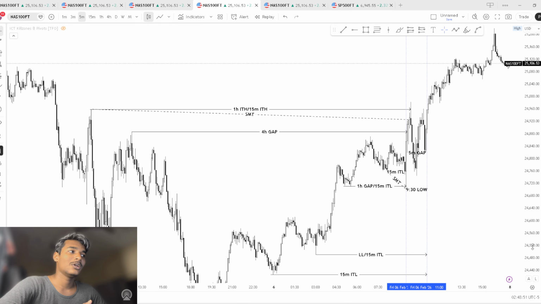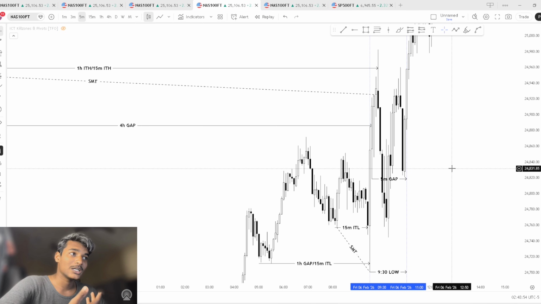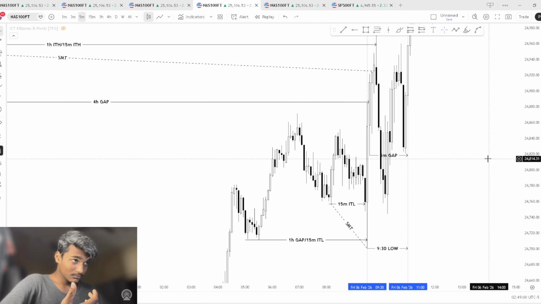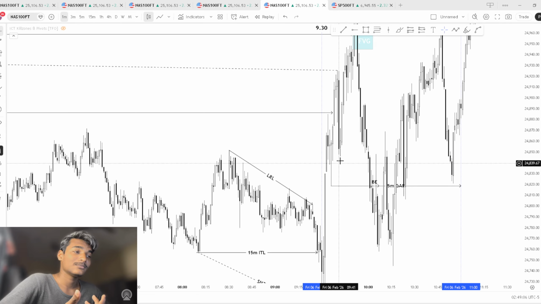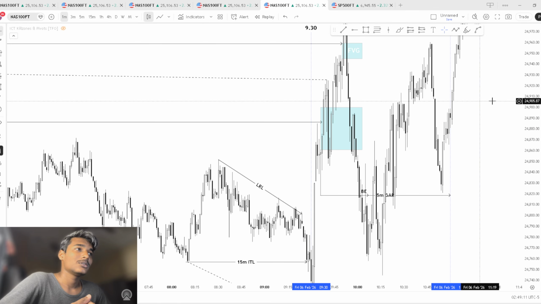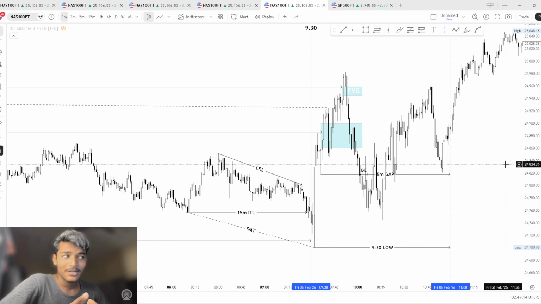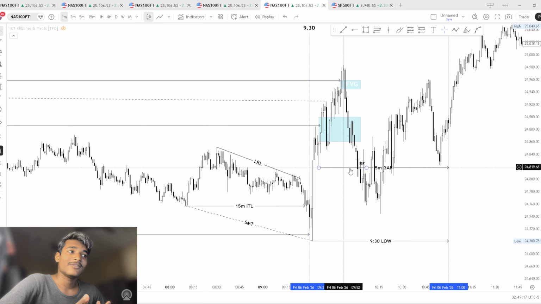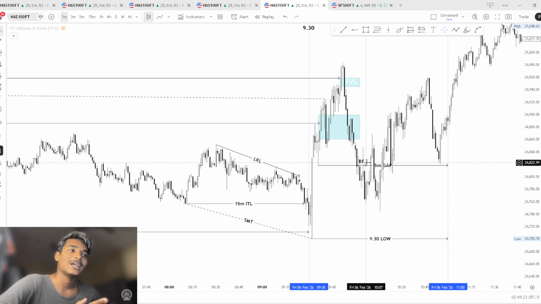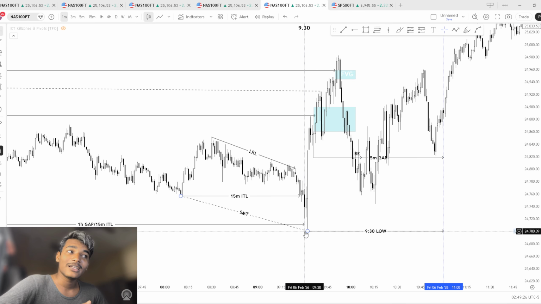But I was only looking at the lower time frame, so I only saw these, and I ended up taking a short from here. A really nice textbook setup, but we have a 5-minute unmitigated gap, so I was using this as my break even point and I was thinking that the market will take this low because I did not know the concept of high resistance liquidity.